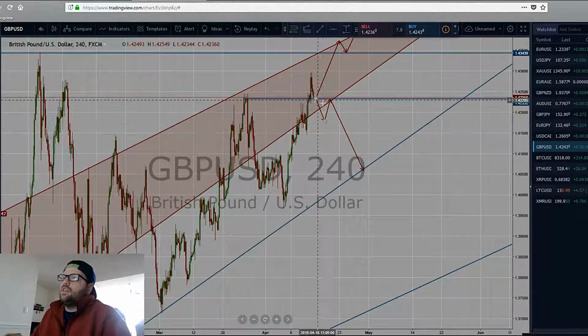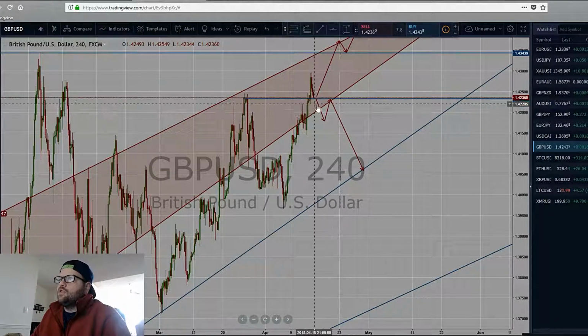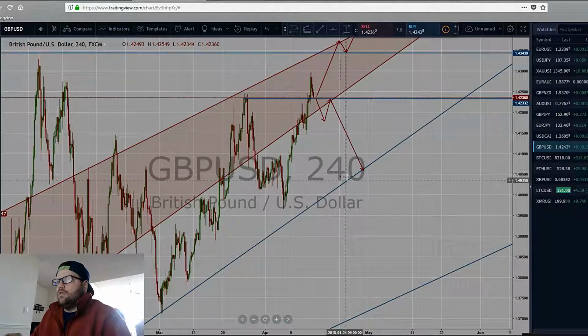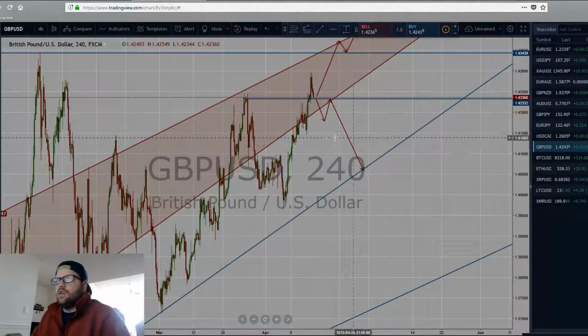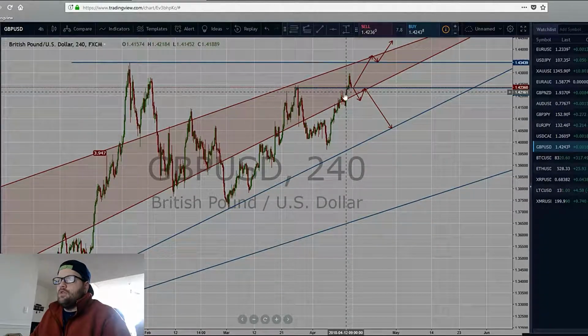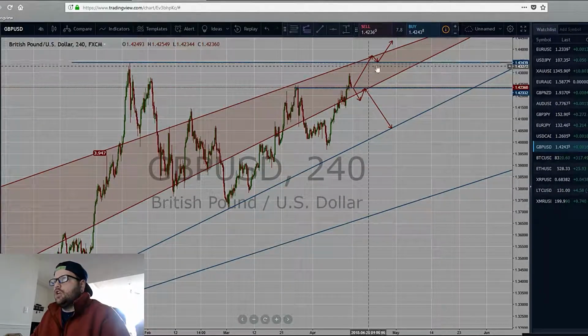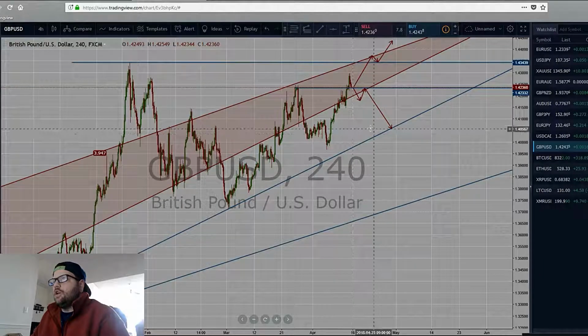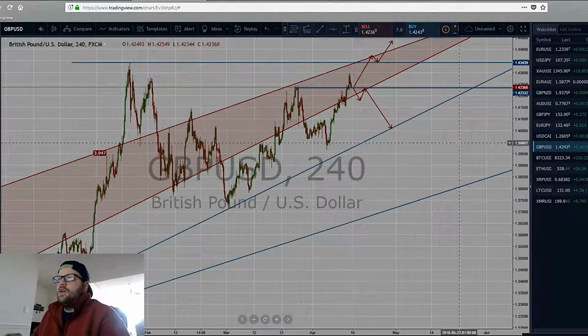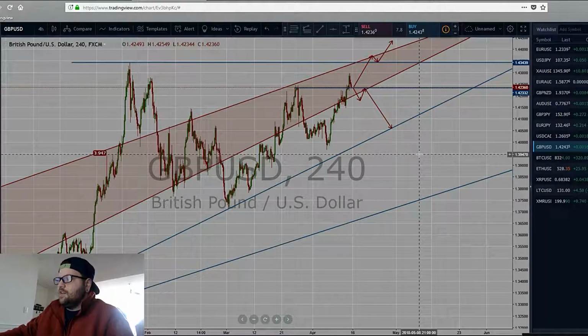However, if it does break down below this ray that is drawn, then be aware that it can go bearish and that it very well could even retest this trend line before continuing to go upward. But right now, I'd say GU looks good to continue its upward trend. So that's what I got for GBP USD. And that's it for this week.